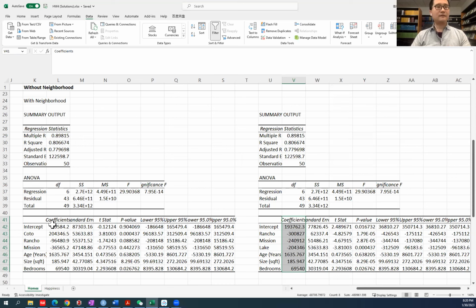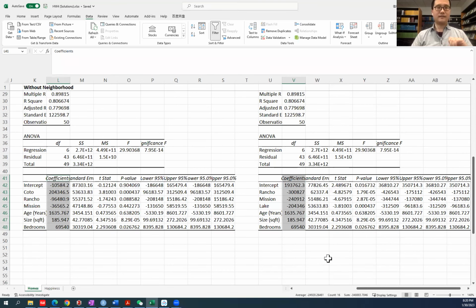We notice that from left to right, the coefficients are somewhat different. However, some of the coefficients are the same. Let's see what is different and what is the same. Here, the intercepts are quite different from each other. And the predictors used are also different.